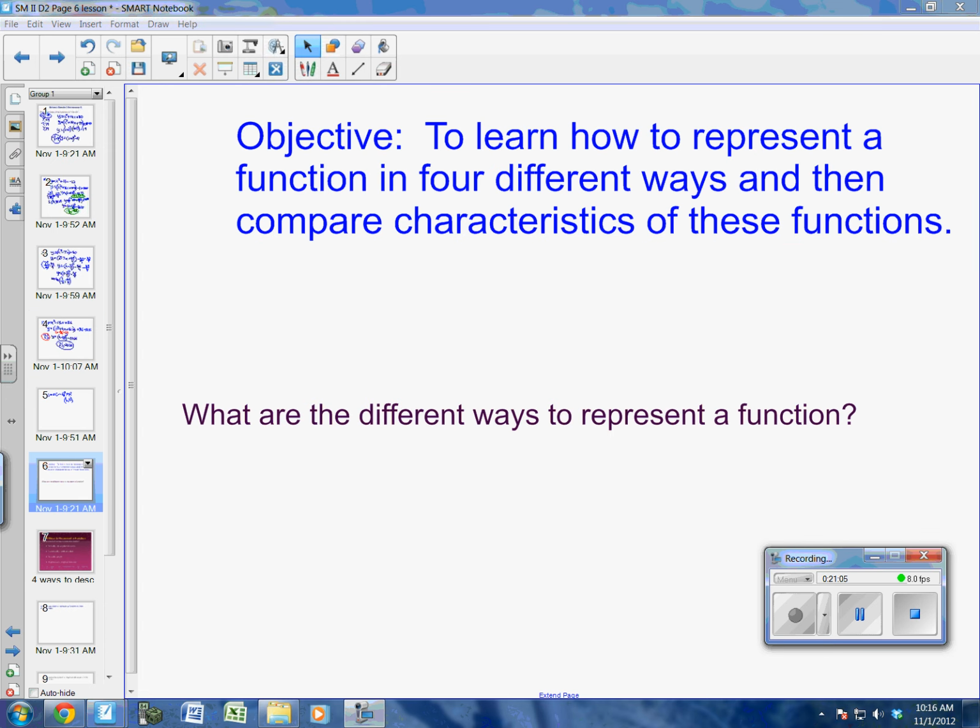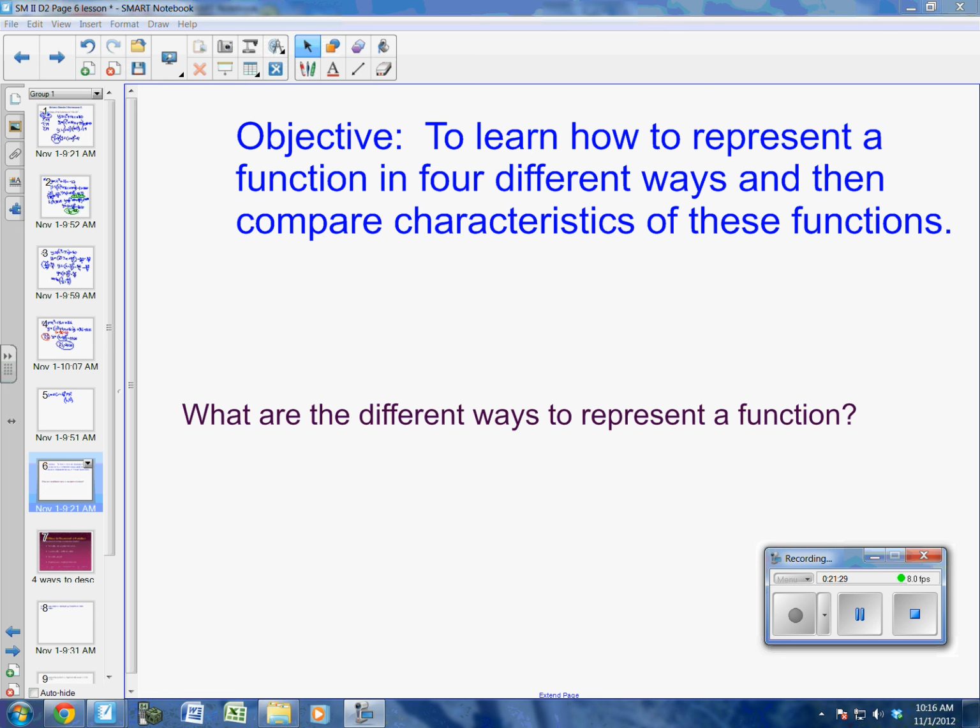Who thinks they know the 4 different ways to represent a function? Let's name one way you can represent a function. We've been talking about them all year long. What? Graph.